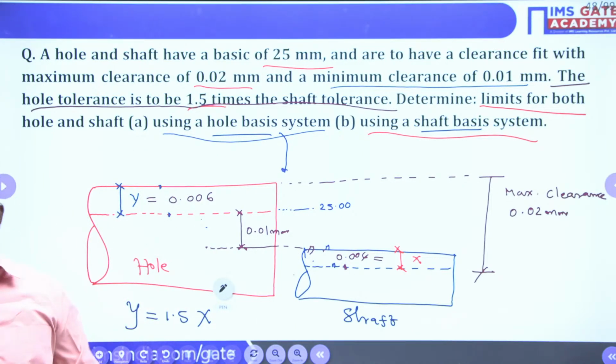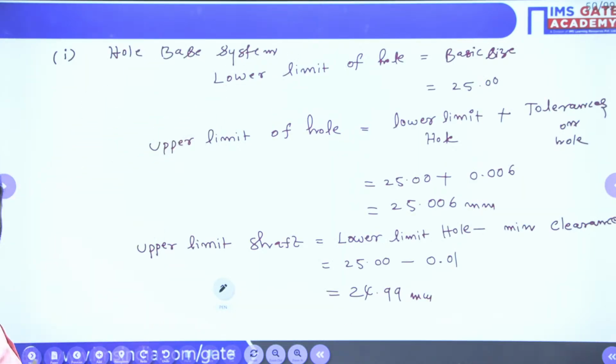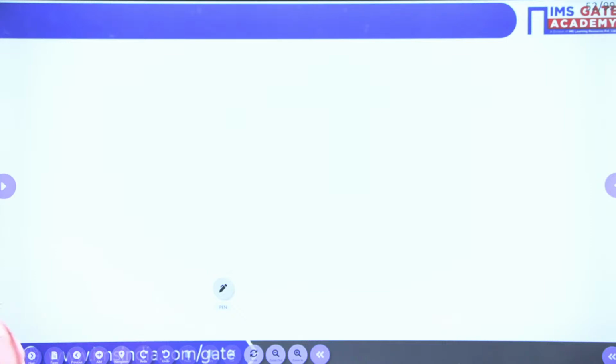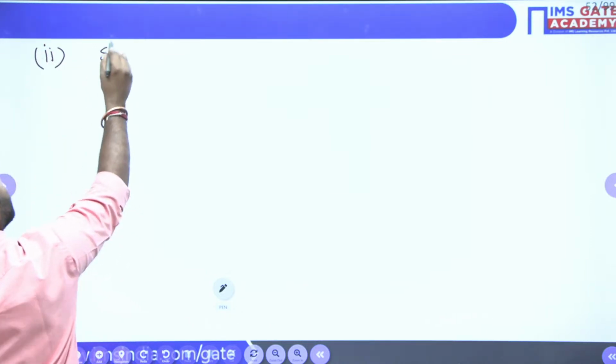Okay, right. Now, let me go for the first. We have solved that, the hole base system. Now, let us go for the shaft base system. Second case is the shaft base system.